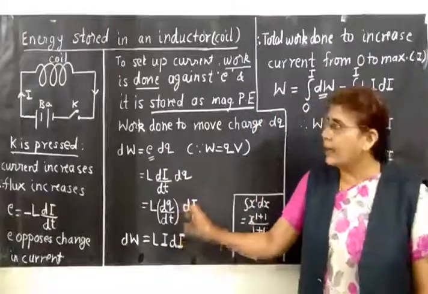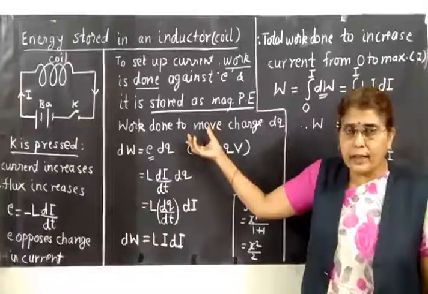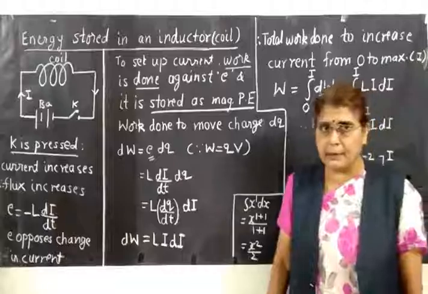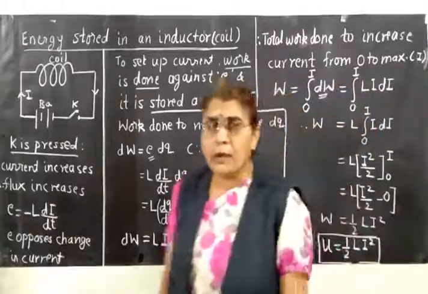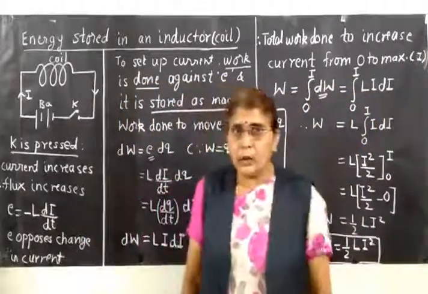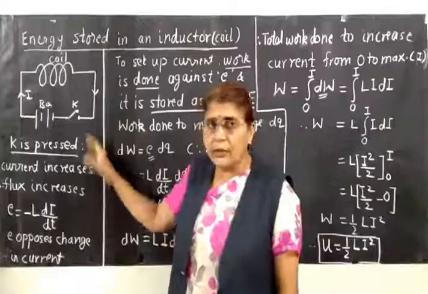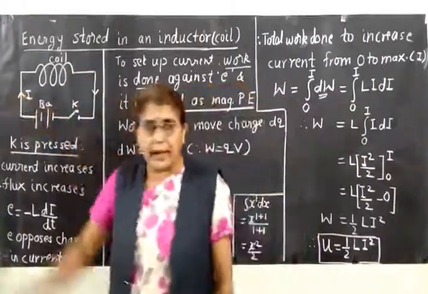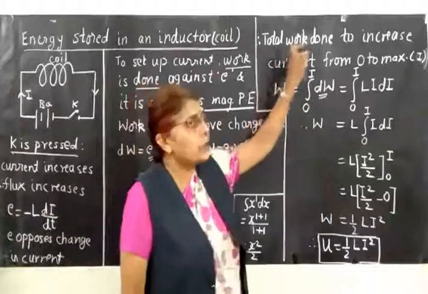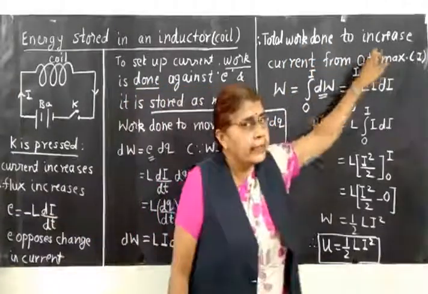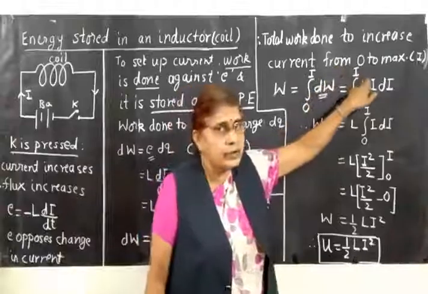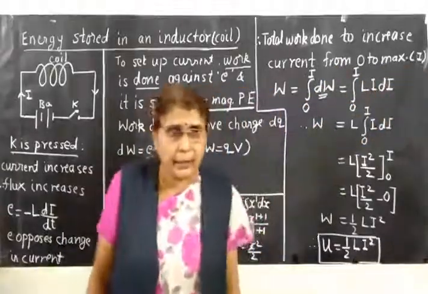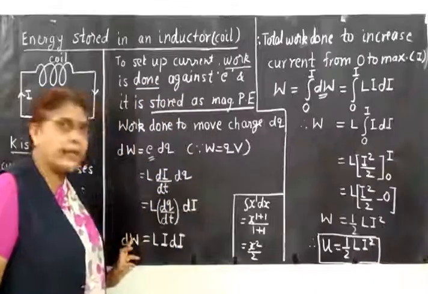What is dw? It is the small amount of work done to move a small charge dq against the induced EMF. Now, what is the total work done to increase the current from its 0 to maximum value? Let us say maximum value is I. So we want to find out what is the total work done to increase the current from its initial value 0 to its maximum value I. So total work done will be nothing but integration of dw.